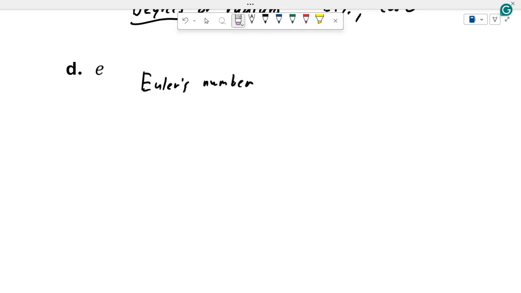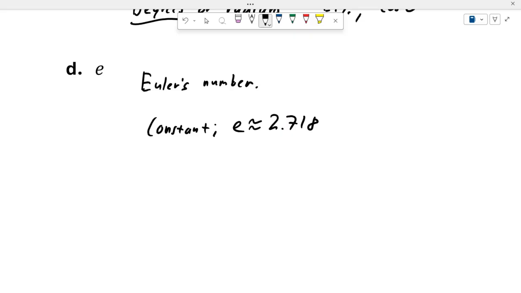It would be nice to know the name. If you don't remember the name, it's not a huge deal, but this is called Euler's number, and you pronounce that Euler, not Euler. Like pi, this is also a constant, and e is approximately 2.718.